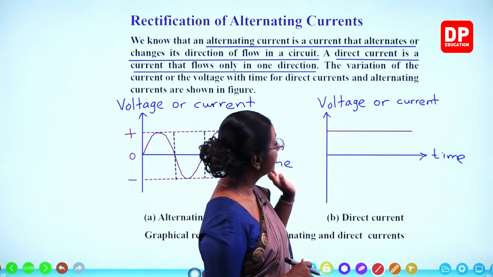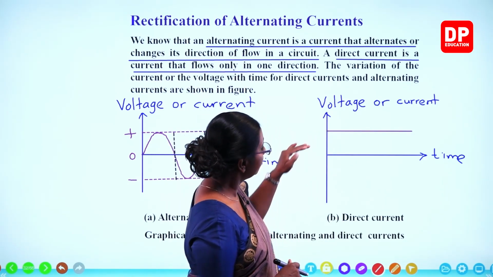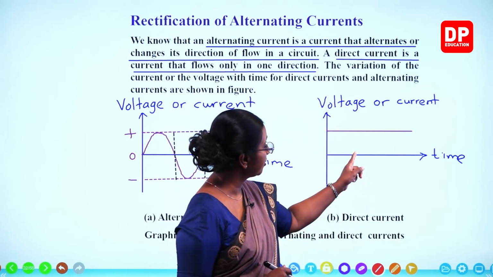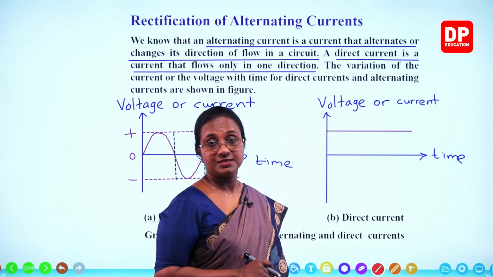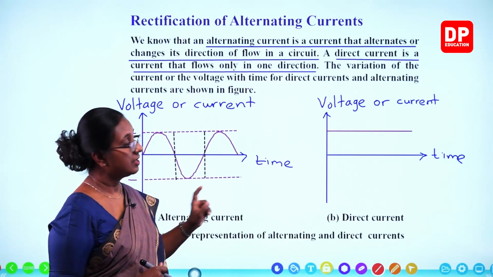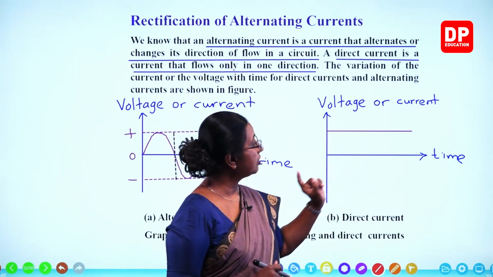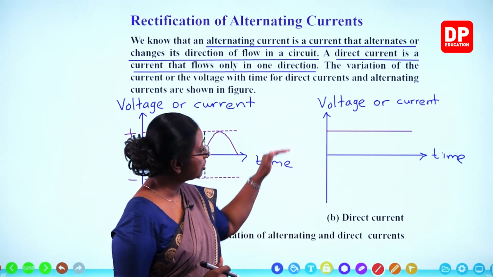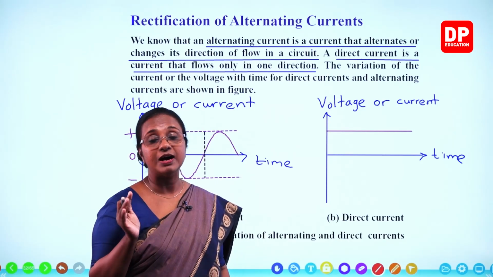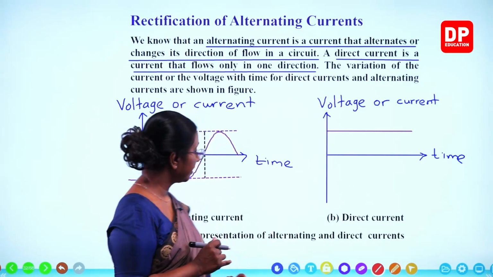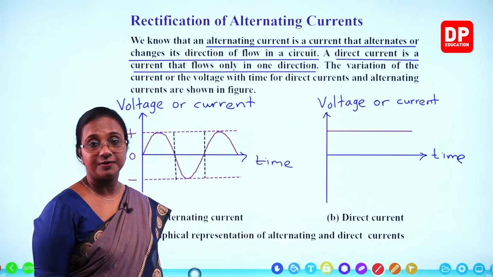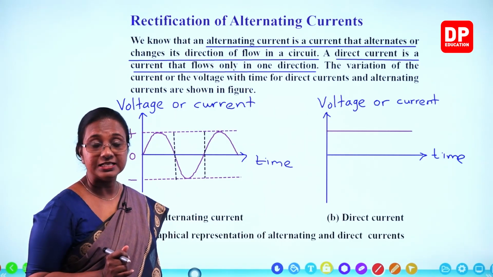This particular graph, the line will not cross the 0 point or the x-axis. Here you can see it crosses the x-axis. But here the current or the potential difference will not cross the x-axis. It will be only in one direction. That is a direct current. So this is an alternating current. That is a direct current. I am sure you all can understand that.